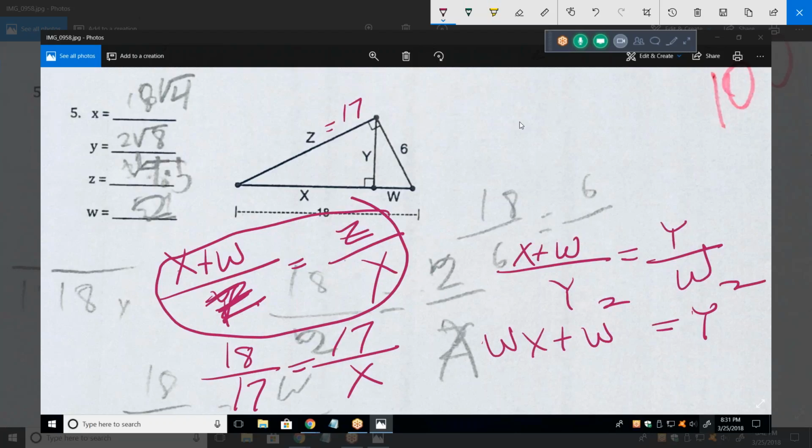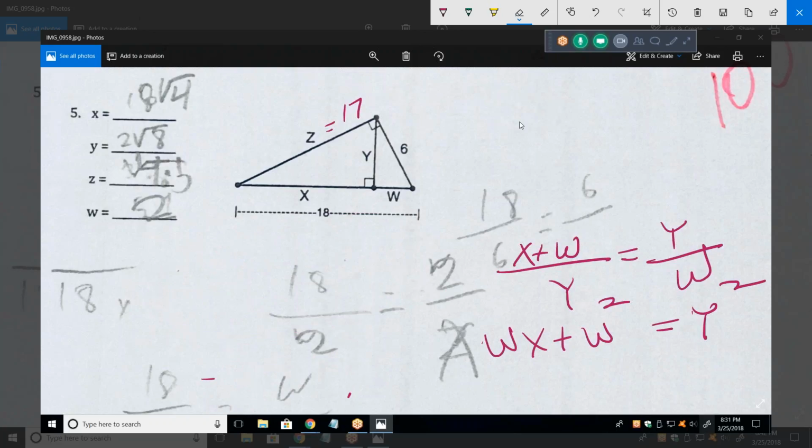In other words, when you have an equation where you only have one variable, you can always solve for it. What's x equal to? So x is equal to 17 squared divided by 18, which is equal to 16.